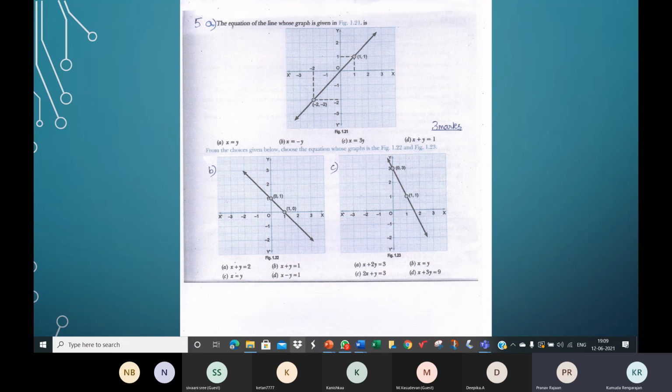Ma'am, can I say, ma'am? See, I'm asking Shivani in particular. Why can't it be option B, Shivani? Why can't it be x is equal to y?